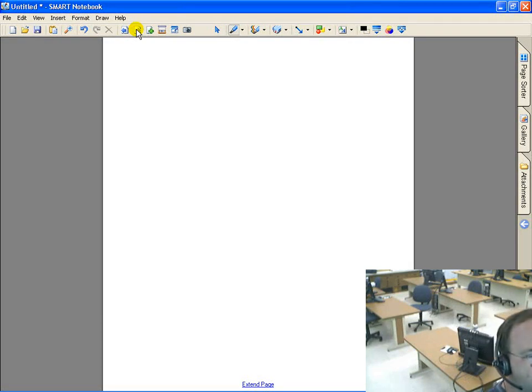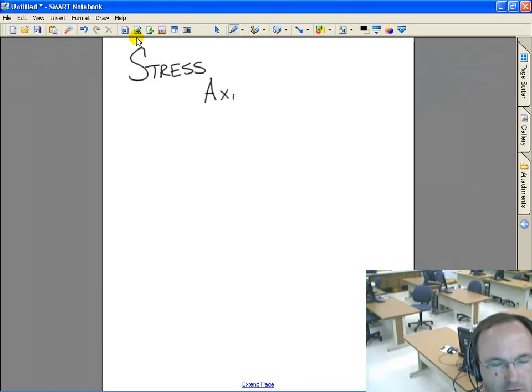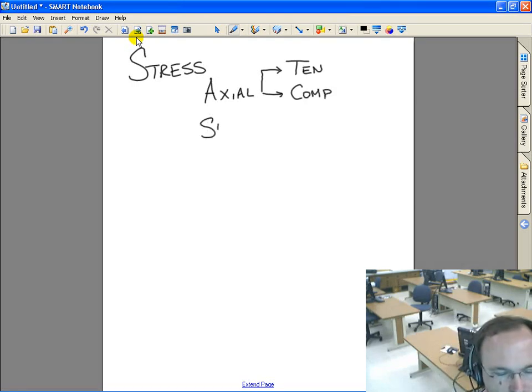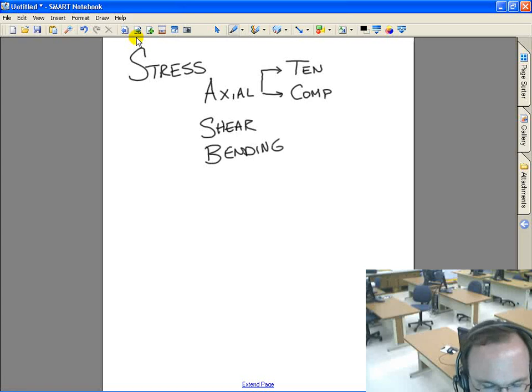So in summary, we're talking stress, which we had axial of both tension and compression, shear, bending, and torsion, which is weak.